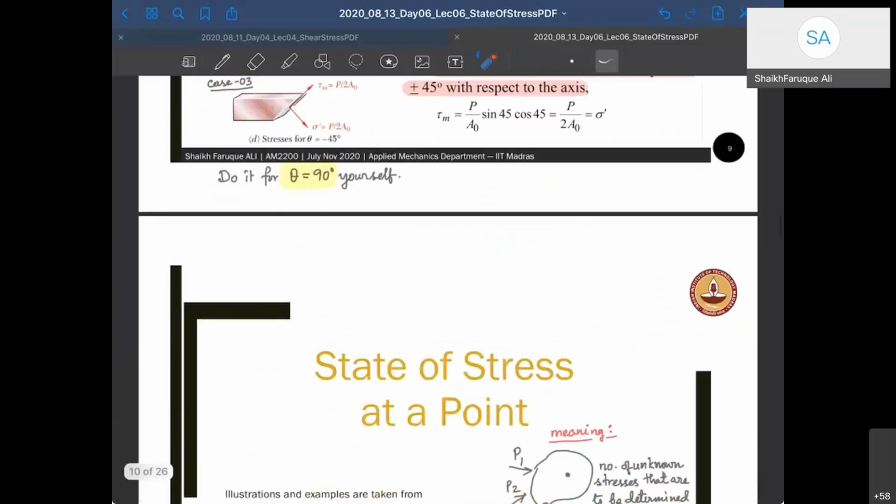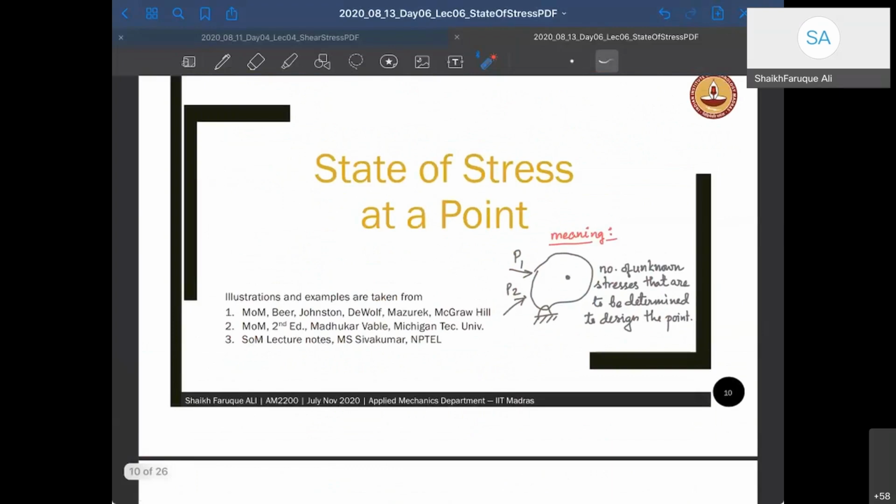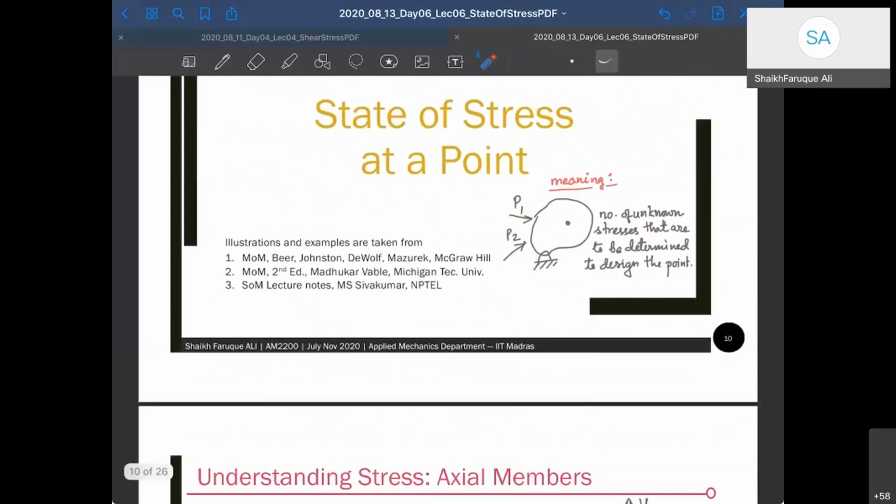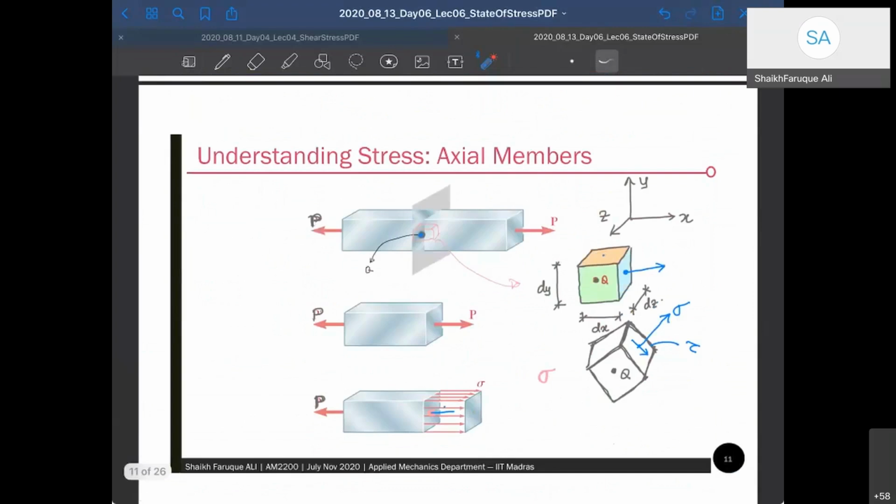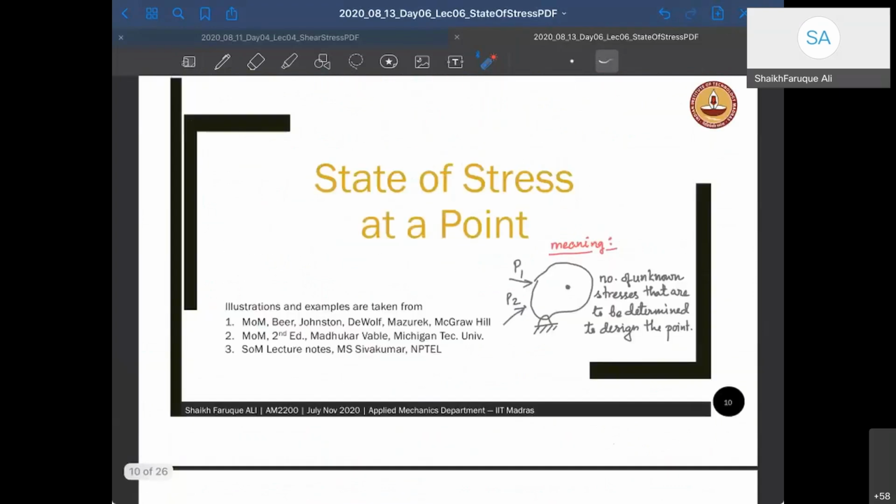Now, state of stress at a point. What do we mean by state of stress at a point? We discussed it in the last class, so I'll go quickly. State of stress at a point means the unknown stresses at a point in a continuum body.